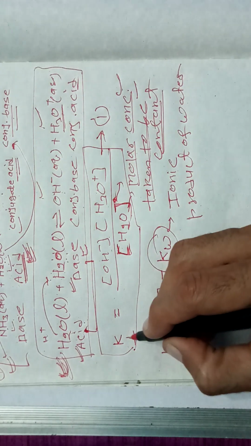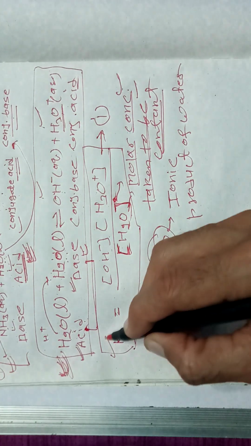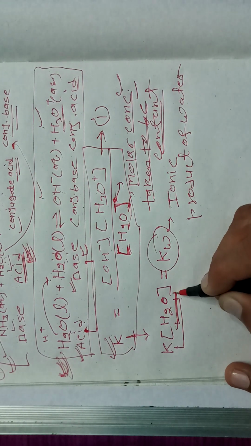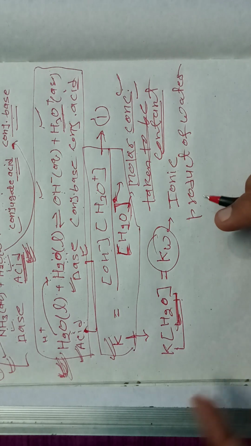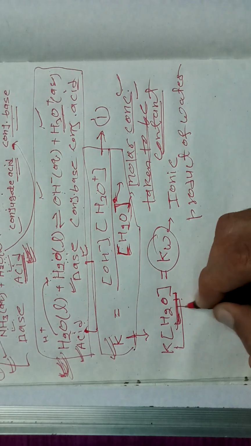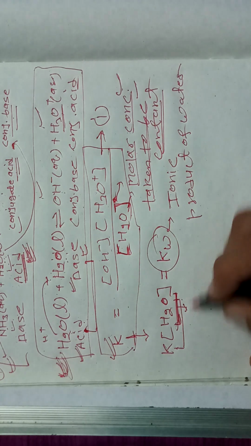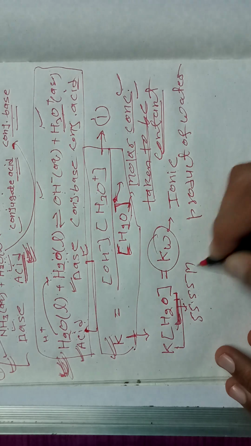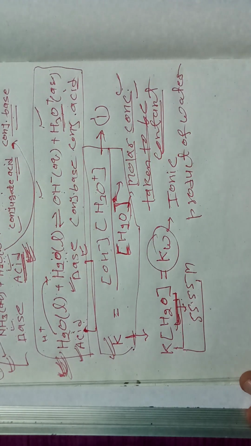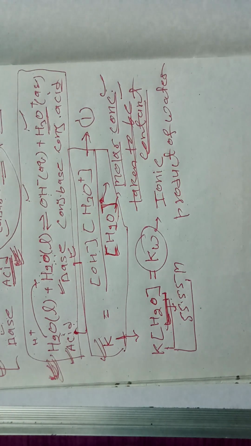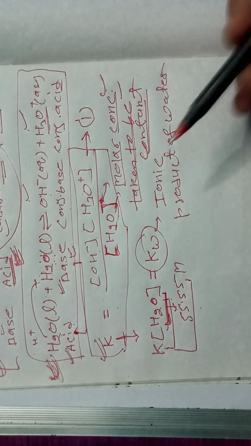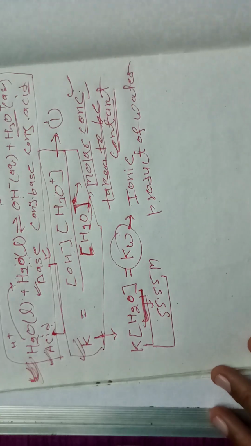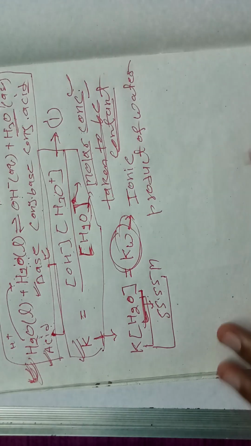Now in this case, K is an equilibrium constant, and [H2O] is the molar concentration of water, which is also a constant, and later we will see that the molar concentration of water is taken to be 55.55 mole per liter. So in place of these two constants, we can introduce a new constant, that is Kw, which is called the ionic product of water.